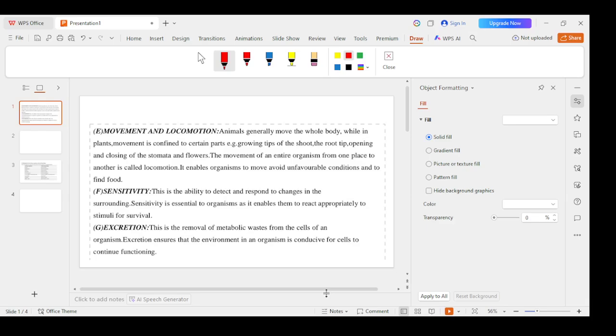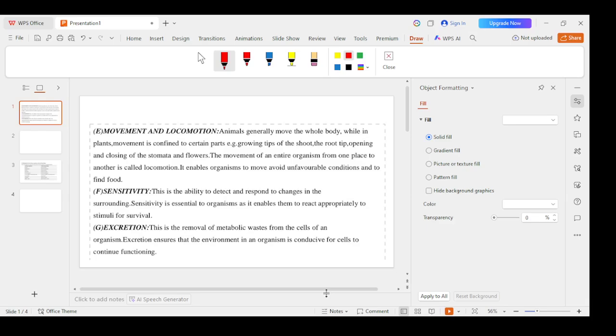An example of locomotion is when you move from home, and they send you to buy some vegetables. You go to a shop. That is locomotion, because you are changing the location. Movement, the change in position, can happen either internally or externally.